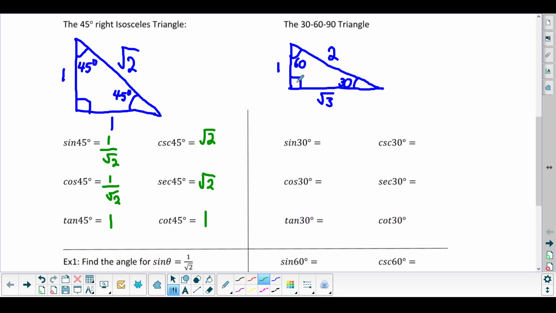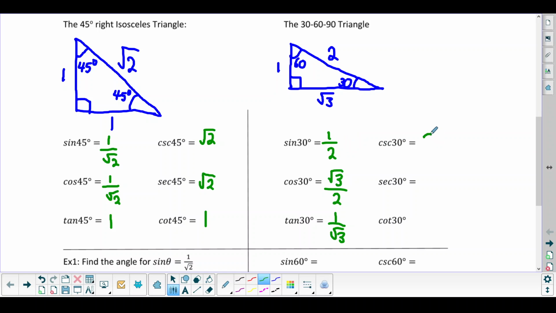So opposite of 30 is 1, hypotenuse is 2. Cosine is adjacent over hypotenuse, so that's going to be root 3 over 2. Tan is opposite over adjacent for 30 degrees, so 1 over root 3. And now our reciprocal ratios, so cosecant is the reciprocal of sine.